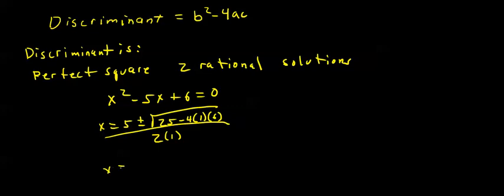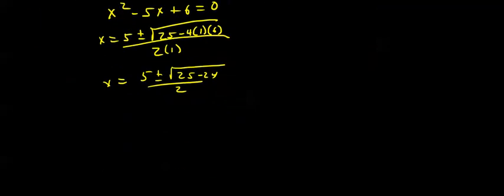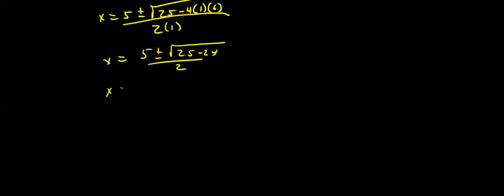So x equals 5 plus or minus the square root of 25 minus 24, all over 2, or x is equal to 5 plus or minus the square root of 1 all over 2, which is 5 plus or minus 1 over 2.